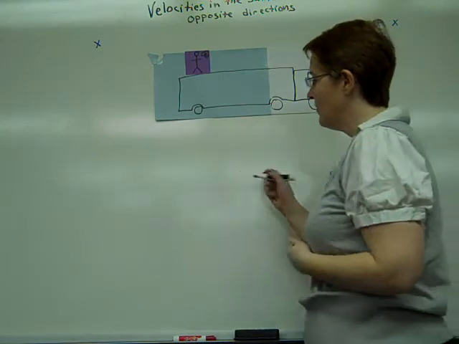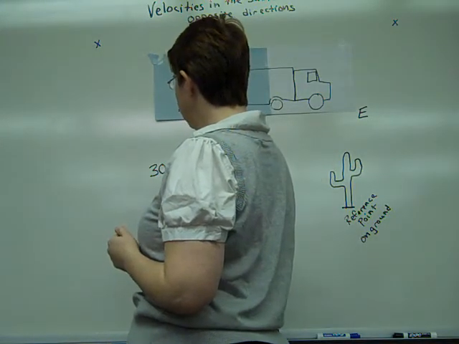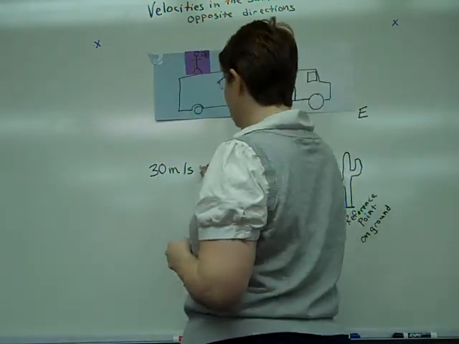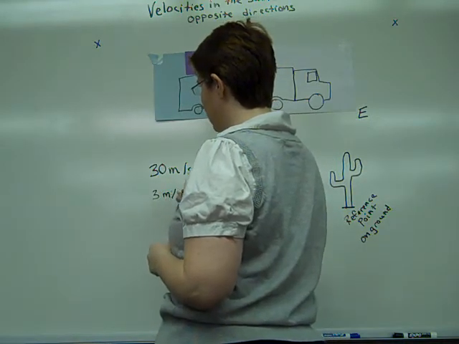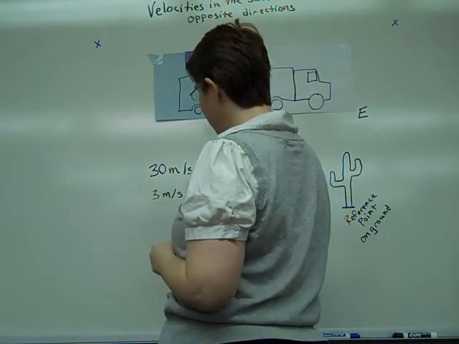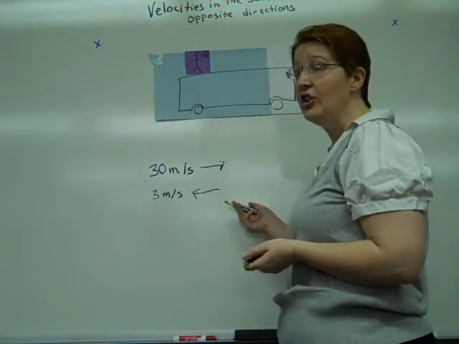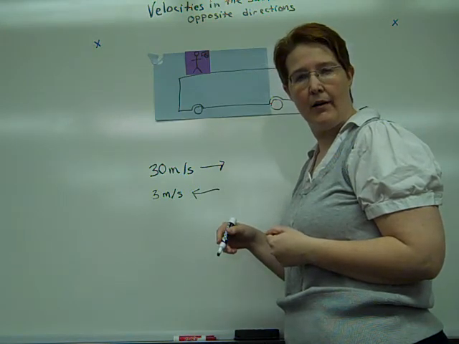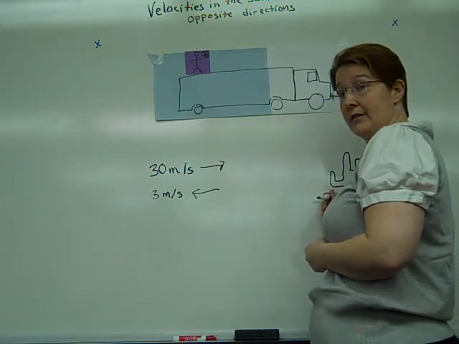Okay, so if the truck's going forward at 30 meters per second, and the guy's going 3 meters per second the opposite direction, is he going faster or slower than he was before compared to the ground?